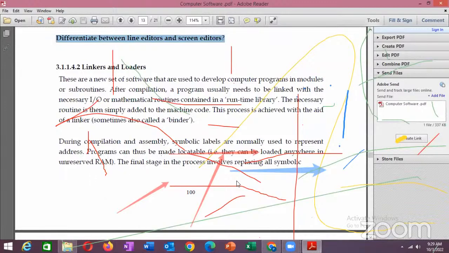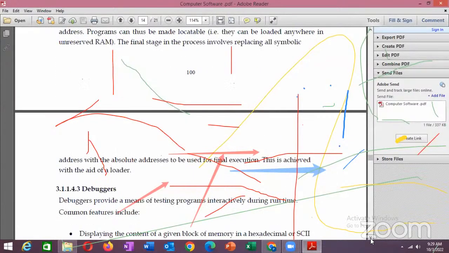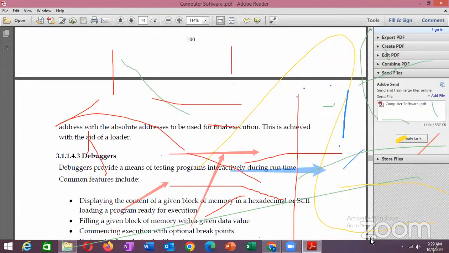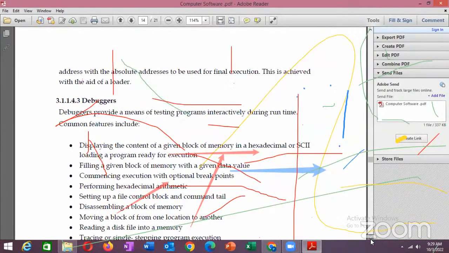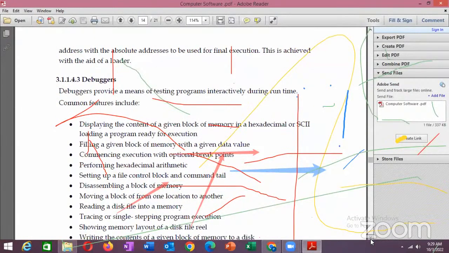So the final stage in this process involves replacing all the symbolic addresses with the absolute addresses to be used for final execution. This is achieved with the aid of a loader. Then we have the debuggers. Debuggers provide a means of testing programs interactively during runtime.